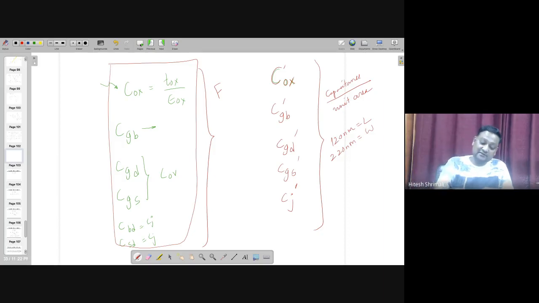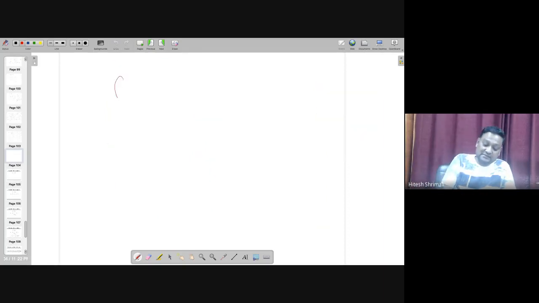And because of that, if you look at the COX and the COX prime, the unit of this one is farad with respect to area, so it has to be some area, generally centimeter square, micrometer square, right? Depending on what unit area you are taking, so it's micrometer square, centimeter square, or nanometer square, whatever you are following. But it's per unit area.